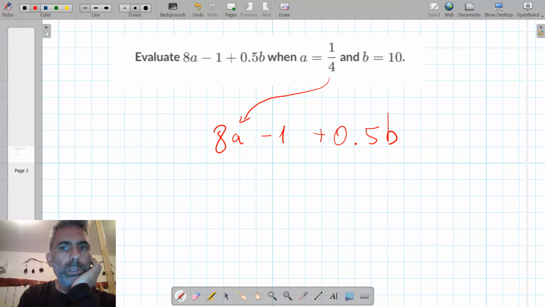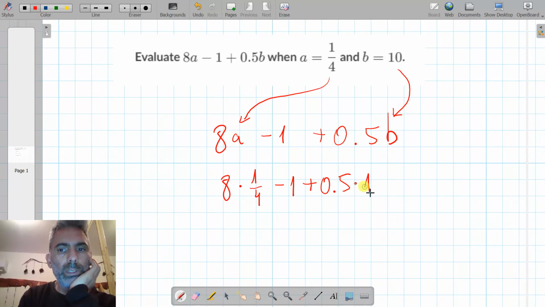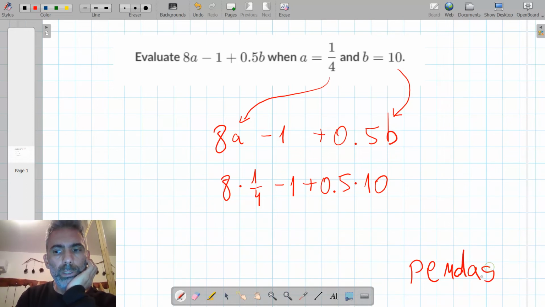So we need to plug in a quarter instead of a, and 10 instead of b. So 8 times 1/4 minus 1 plus 0.5 times 10. PEMDAS is the order of operations.